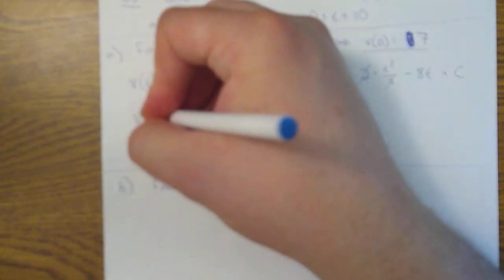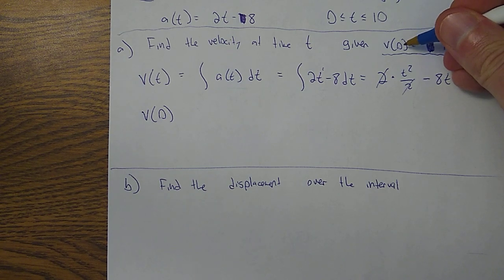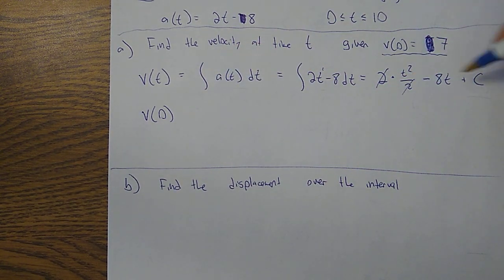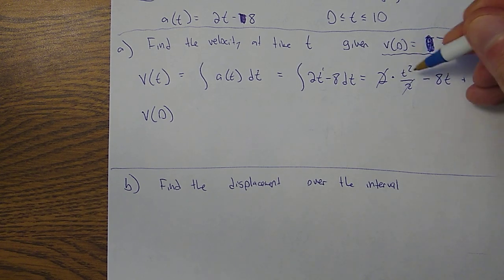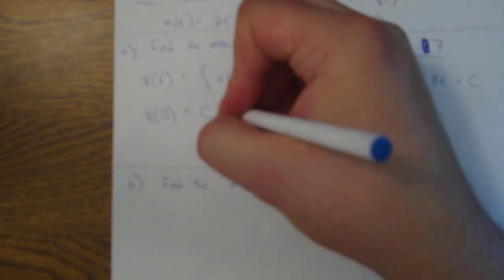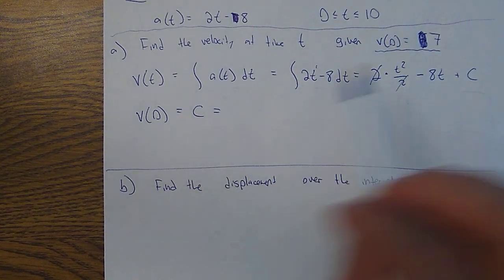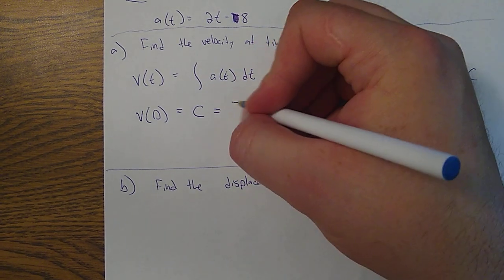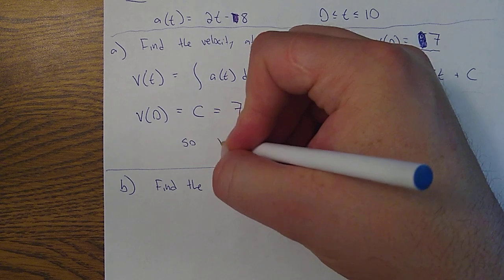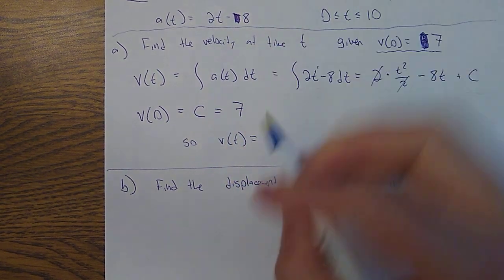I'm going to just plug in whatever this is. They told me v of 0, so let me find v of 0. According to my formula, if I put in 0 for t, I'm going to get 0 minus 0 plus c. Meanwhile, v of 0 is supposed to be 7, so that just told me that c is 7. Now let me update v of t.